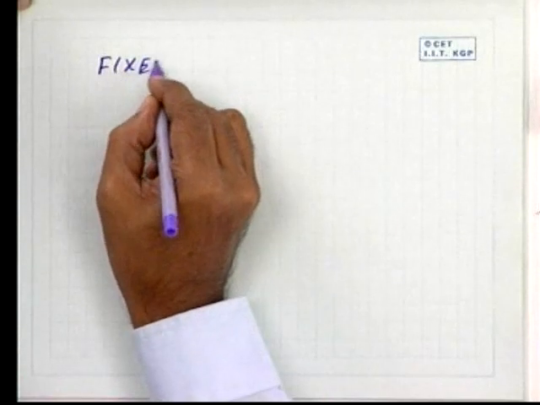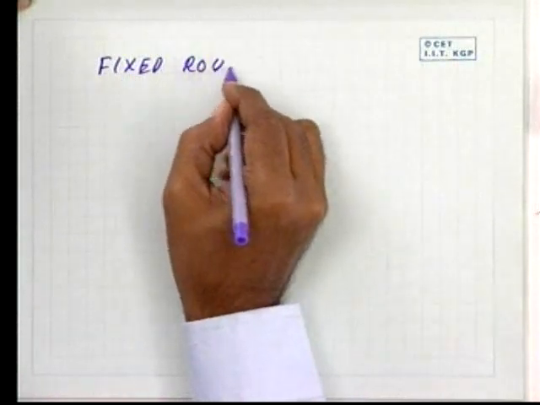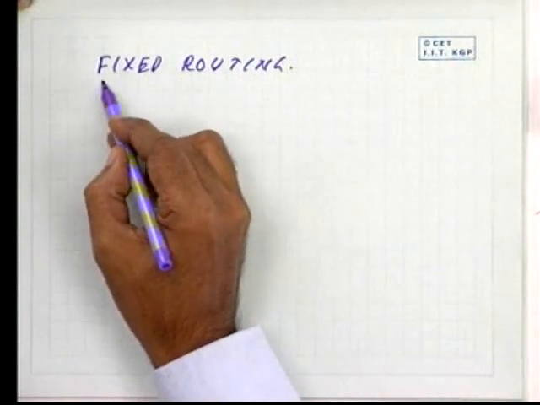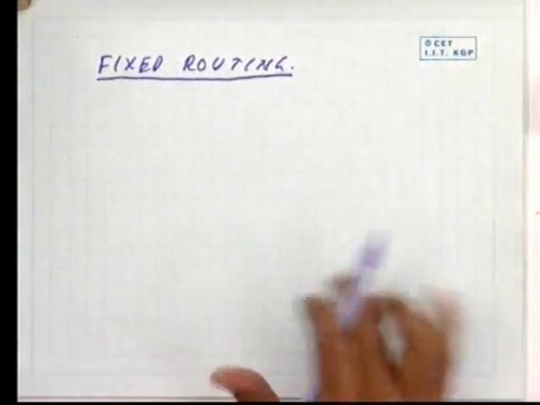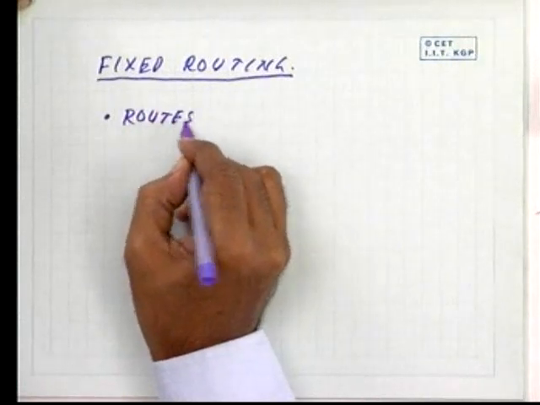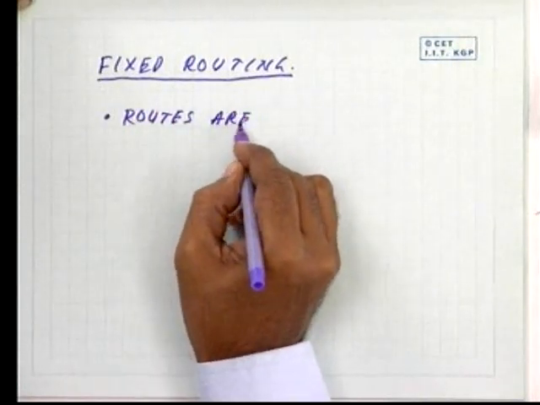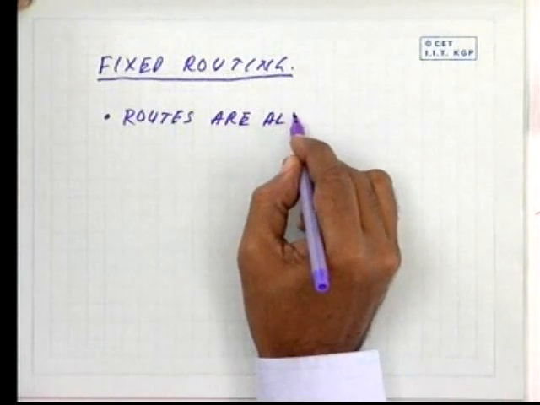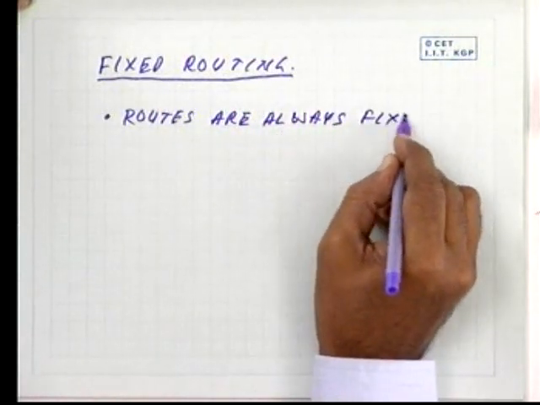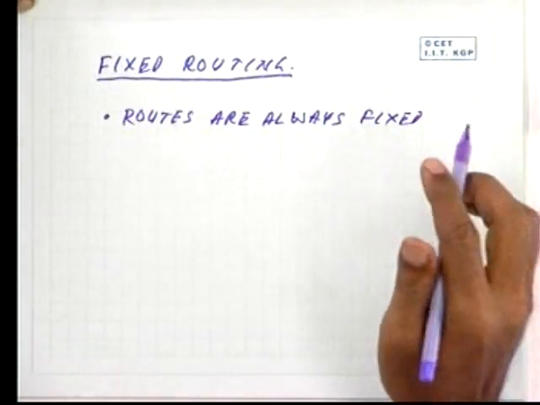First we shall consider the fixed routing. In fixed routing, the routes are always fixed, unless there is a change in topology or some other thing.